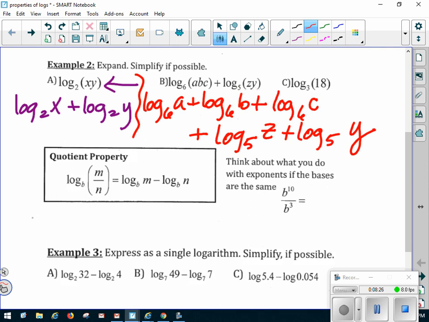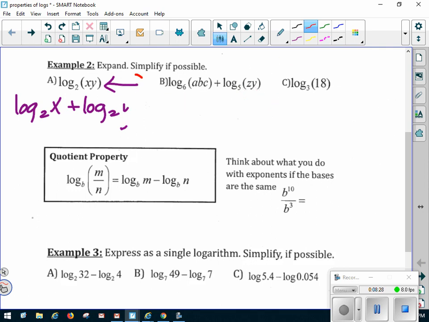Let's talk about C. Now I want you to look at C. Can we do 3 to a power to give us 18? No. Can we break 18 up into 2 factors, like 2 and 9 or 3 and 6, where at least one of those could simplify with a log base 3?